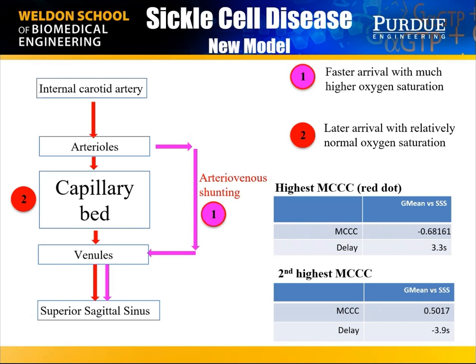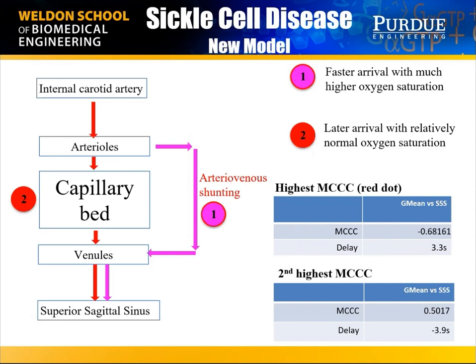So this gives us a new model. After the blood reaches your brain, one part goes through what we call arterial venous shunting. It bypasses most of the capillaries and reaches your superior sagittal sinus early, and this blood carries a high oxygen level.